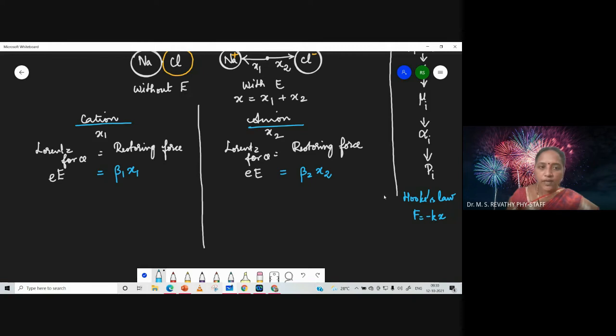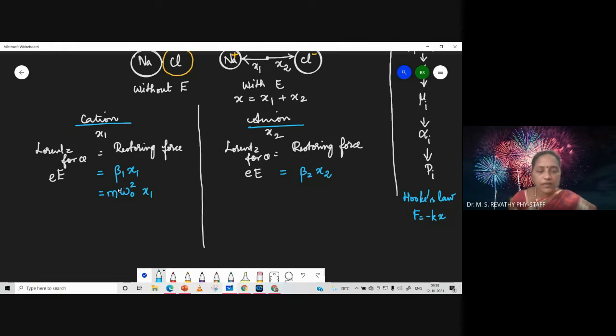So instead of k, I have replaced it by the symbols beta 1 and beta 2. This beta 1 depends upon the mass of the cation and the natural frequency of the cation.